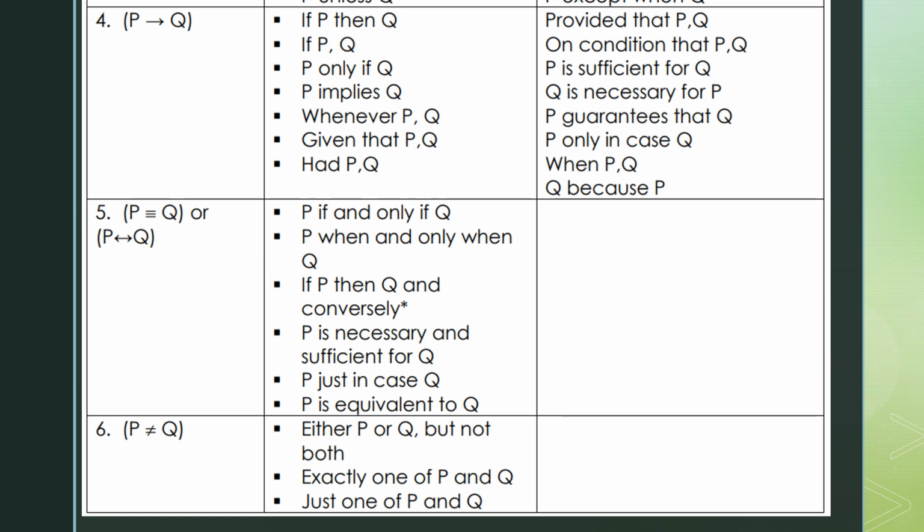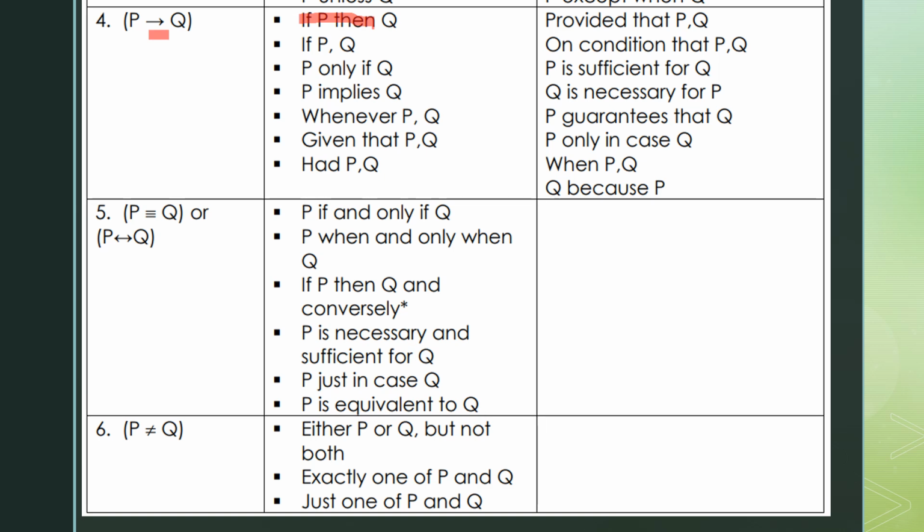Then, if our sentence consists of "if... then," the symbol we're going to use is an arrow to the right. If only if, implies, whenever P Q, given that P Q. Okay, so that's the words that we're going to take note of in order to use the arrow right logical operator.